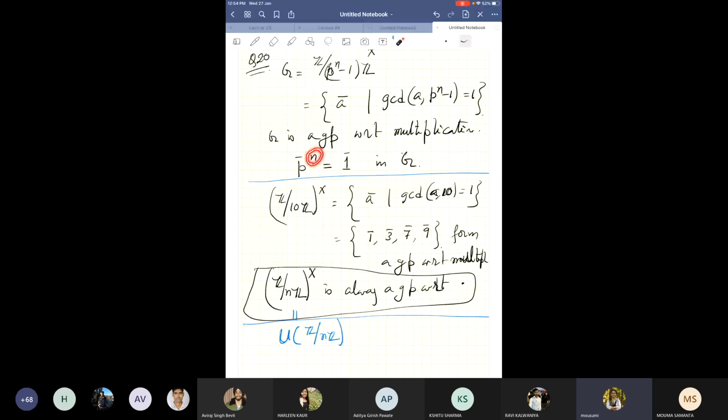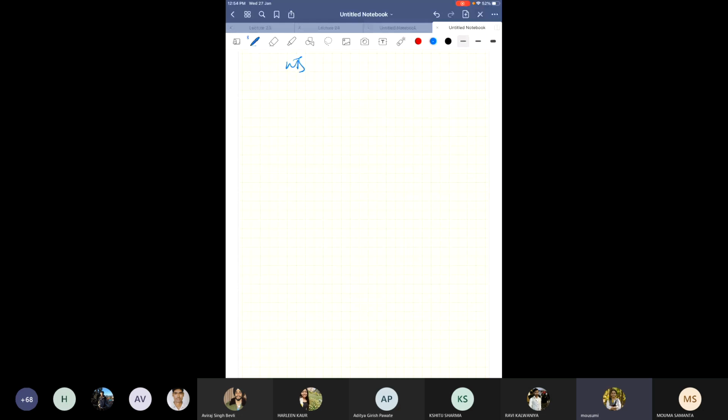So I want to show that the order of p bar is equal to n. So let k be less than n such that p bar to the power k is identity. But if p bar to the power k is identity, then what will happen? n will divide k.